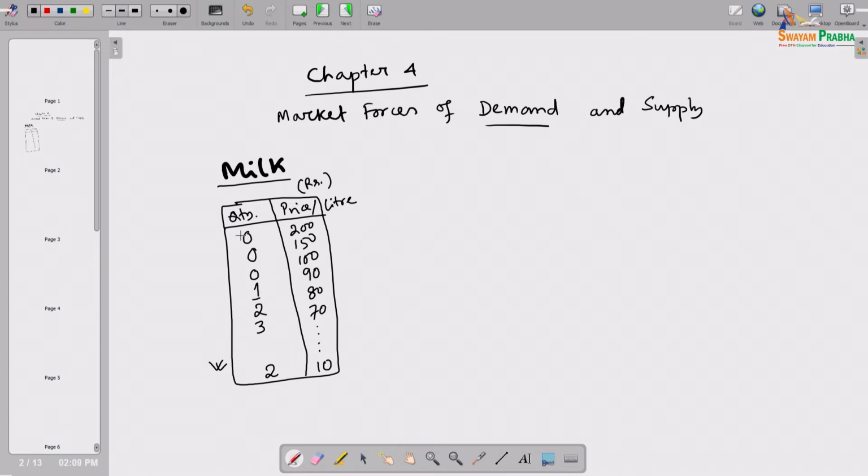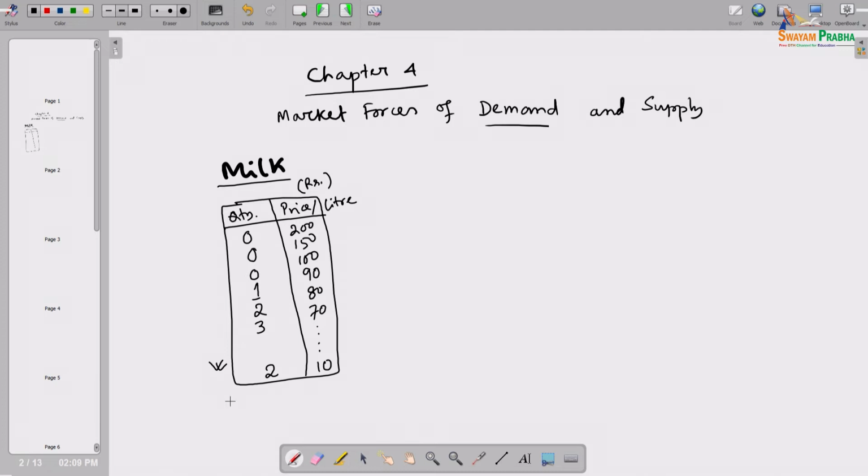The alternative amounts of quantity demanded of that particular product, milk, at various alternative possible prices in the market. When it is 200 rupees per liter, my quantity demanded for milk will be 0; 150 rupees again 0, 100 rupees still 0, 90 rupees perhaps 1 liter, 80 rupees 2 liters and so on.